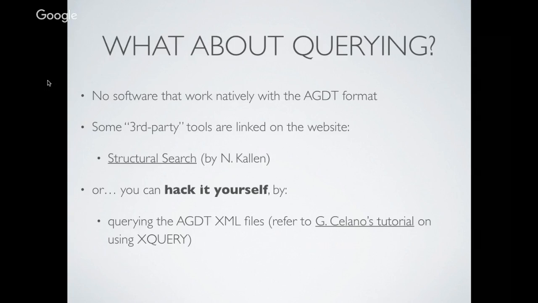I will not talk about that. You can refer to Giuseppe Celano's tutorial, a presentation that he did in last year's Sunoikisis, which will be linked in the slides, using a particular query syntax for XML, which is XQuery.